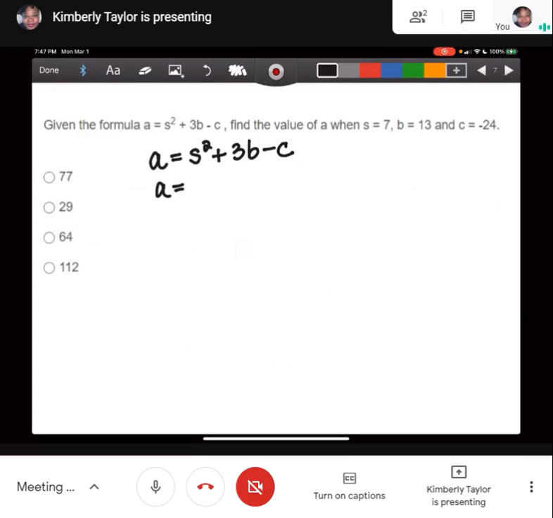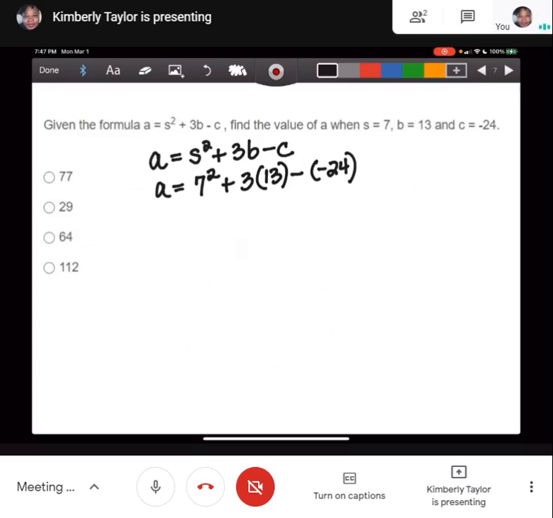A is what we're looking for. S is 7, so this is going to be 7 squared plus 3, and B is 13, and then minus C, which is negative 24.